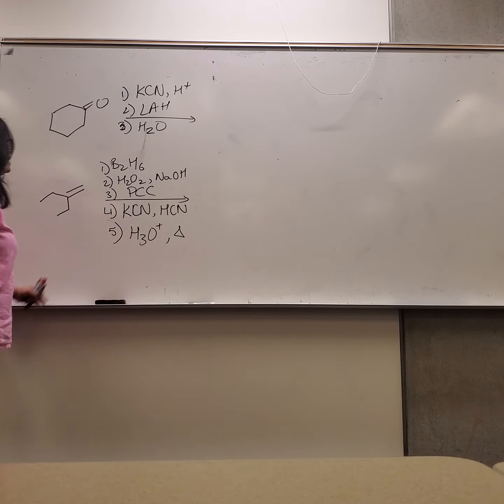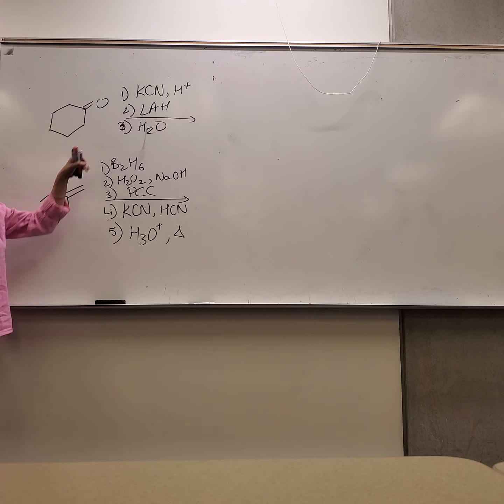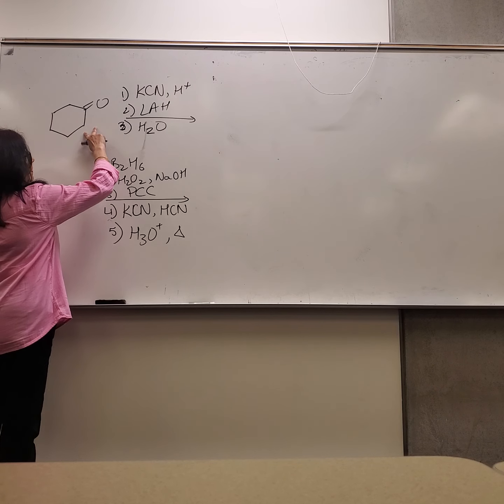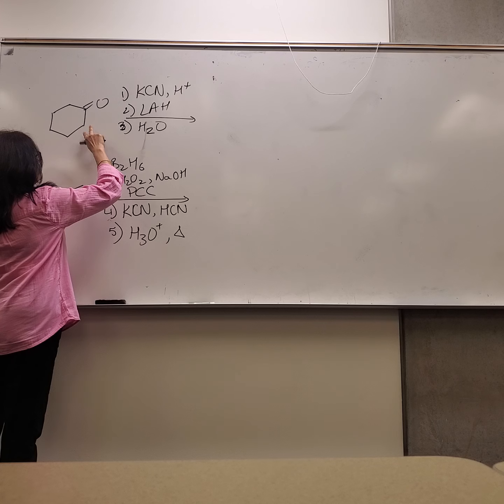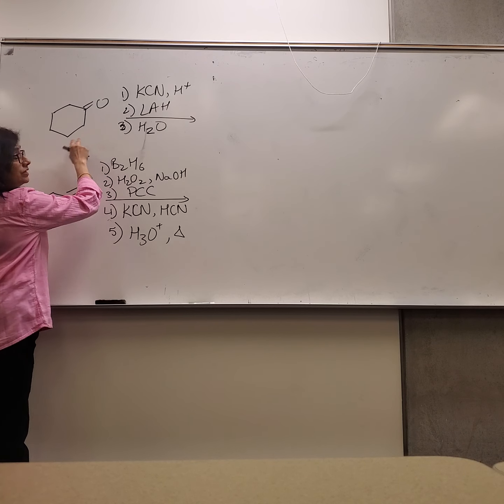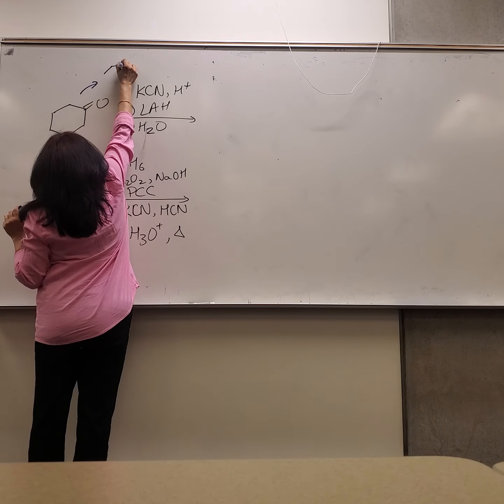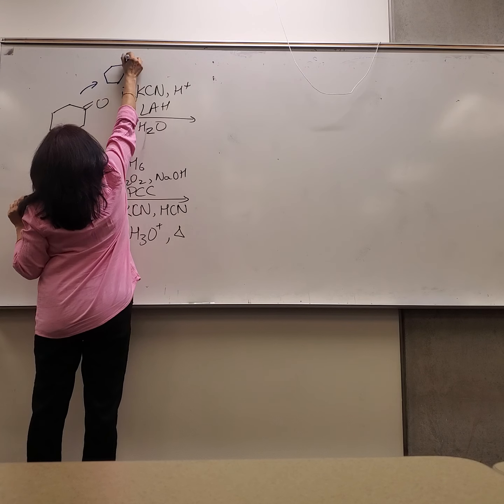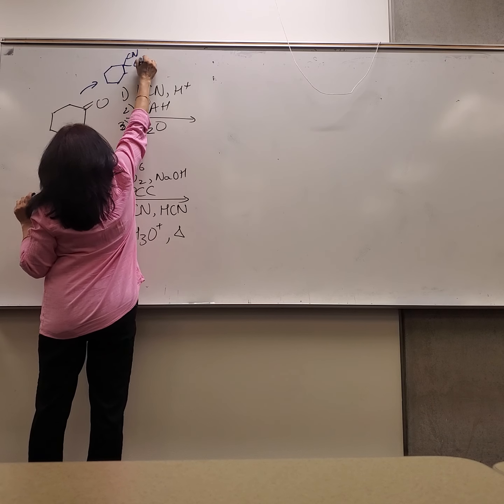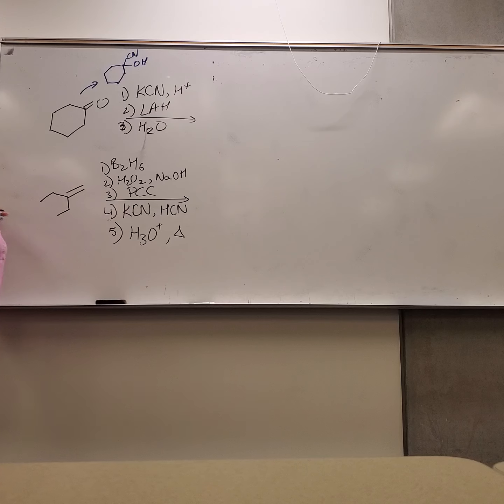Okay, can someone tell me what is the outcome of the first step? Let's do this quickly. It would be great if we can finish this chapter today. What's going to be the first step? It makes a cyanohydrin. Agreed? Okay, what next?